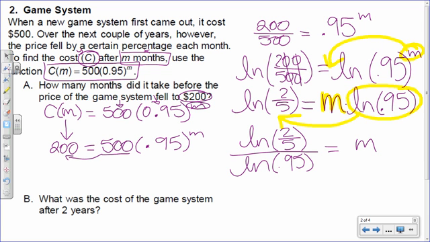However, we need an approximation, right? And since we need the number of months, let's approximate to the nearest integer. Now, when you divide, make sure that you do have natural log in both places, numerator and denominator.